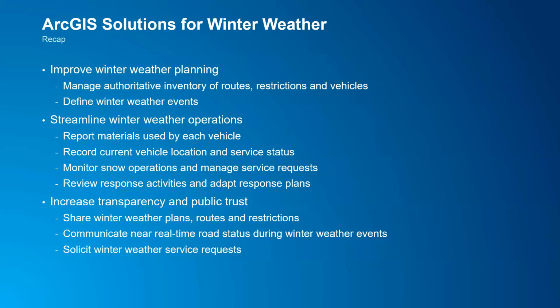How effective are you at getting to your priority routes first and then moving on to your secondary and tertiary routes, as well as managing those service requests that are coming in from the public. And then using that information after the season to adapt your response plans for the following year, understanding how effective you were in meeting your service level agreements and the material that you used, so you can better plan for the following season.